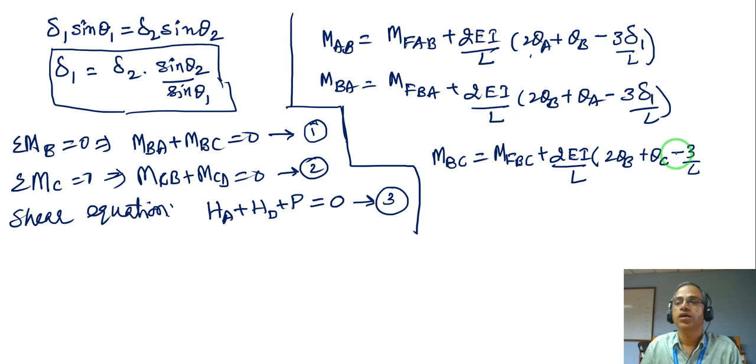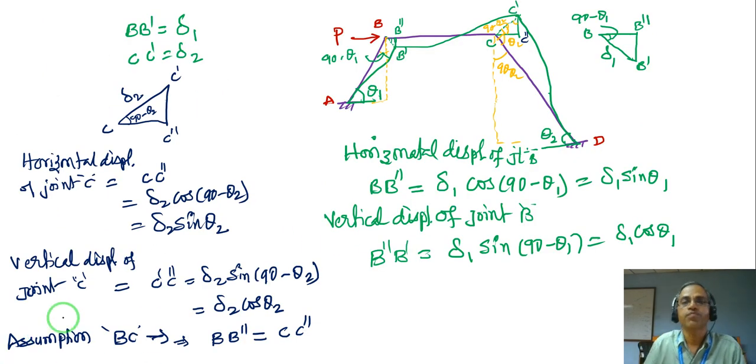What is the deflection in the member BC? That is very important. If I go back to the structure, we will understand. This member BC has deformed and taken the shape B dash C dash.